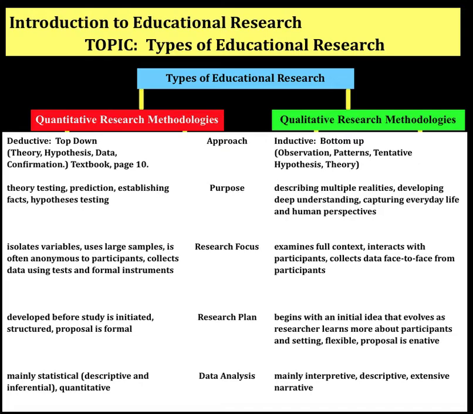Now, we read a research article about prompting bar patrons with signs to take free condoms. That was a quantitative research methodology. It didn't start out with a big general theory, although it was in the Journal of Applied Behavior Analysis, so I guess the theoretical underpinning was the applied behavior analysis techniques that were involved.